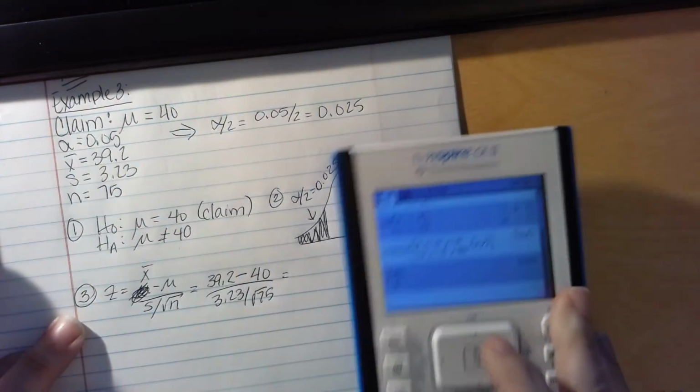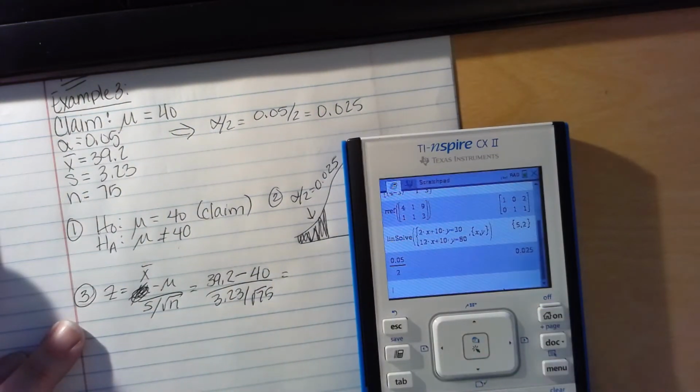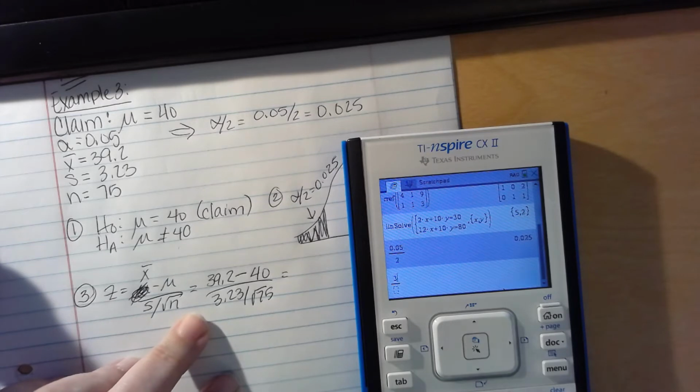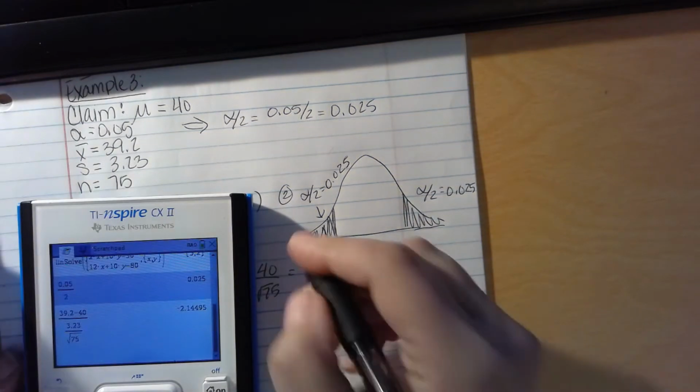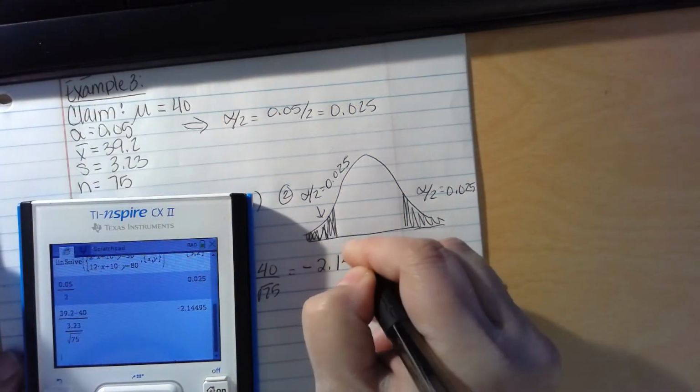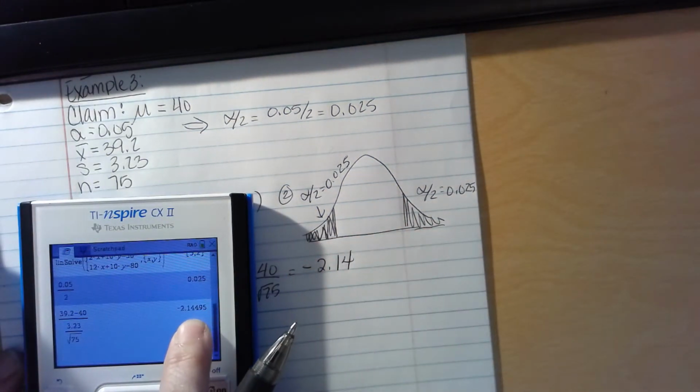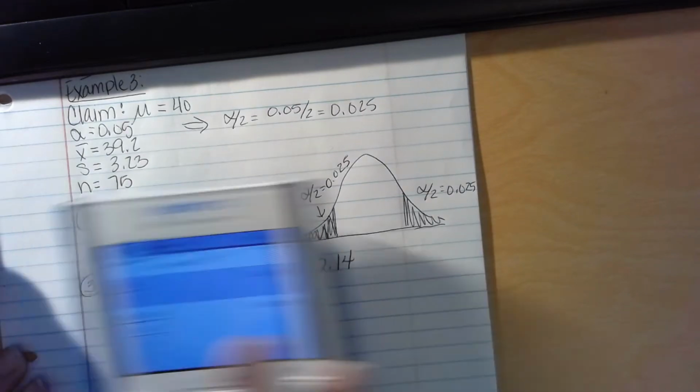That's going to tell us what we're looking up on our chart. So 39.2 minus 40 over 3.23 divided by the square root of 75 gives us negative 2.14. And we always round to 2 decimals when we're doing a z-score.